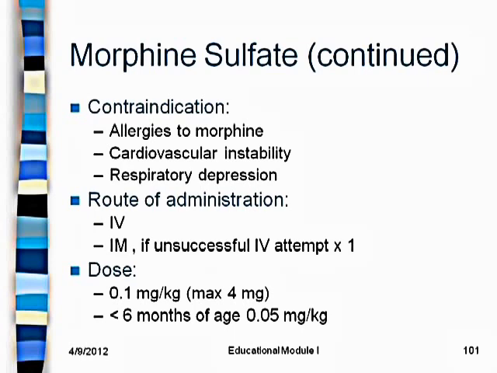However, for children less than 6 months of age, half the normal dose, or 0.05 milligrams per kilogram, should be given. If subsequent doses are needed, the pre-hospital provider should contact medical control for additional doses.